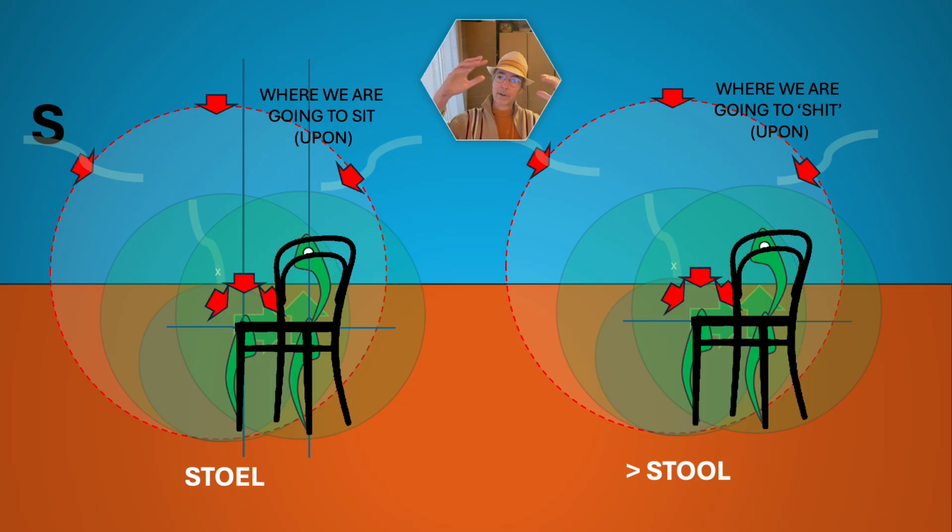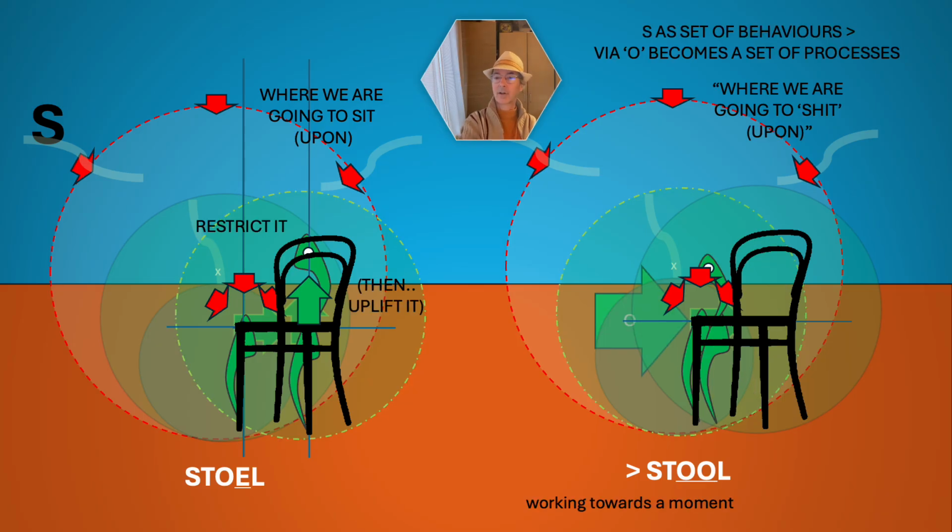So you have these behaviors, which in the first stool or chair is also somewhat about behaviors in the second word, but this can be translated differently as well, because this set of behaviors is not just about I'm going to move towards it and move something up.